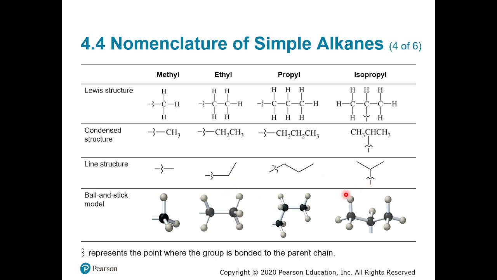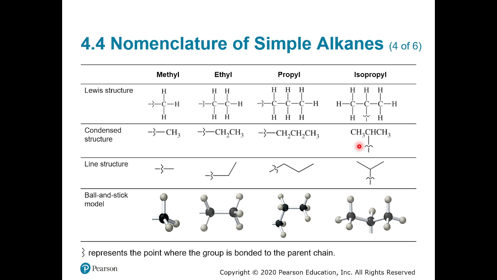So is everybody okay with reading the line structures and condensed structures here? Okay. So that line structure, that weird little thing, is just OH. Like it's an alcohol, in isopropyl alcohol. This over here could be anything. This is our R group. I don't know why your book decided not to use R group. I just took the pictures from your book because they'd be familiar to you, and that way you don't have new terminology added.